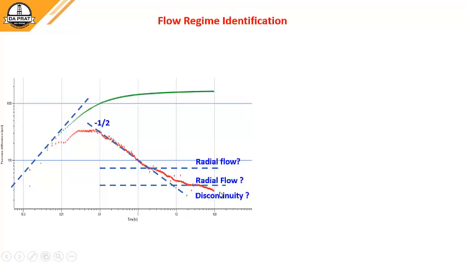And later on in the test, and we're talking about close to 100 hours, this effect here could be due to discontinuities or limits. It could be a constant pressure limit, or, if it is a build-up, it could be that you reach a stabilized pressure if it is a seal boundary.